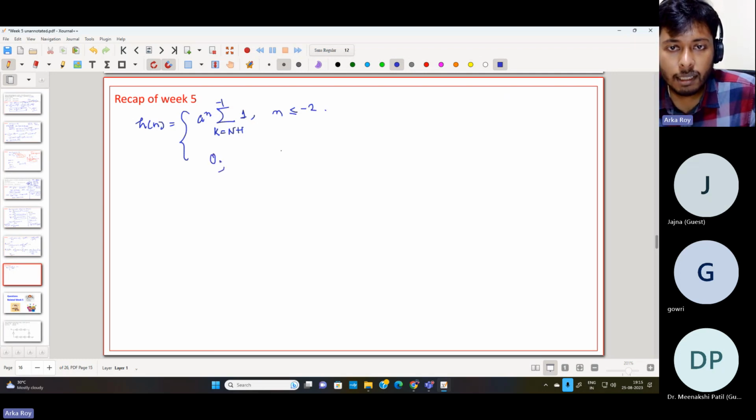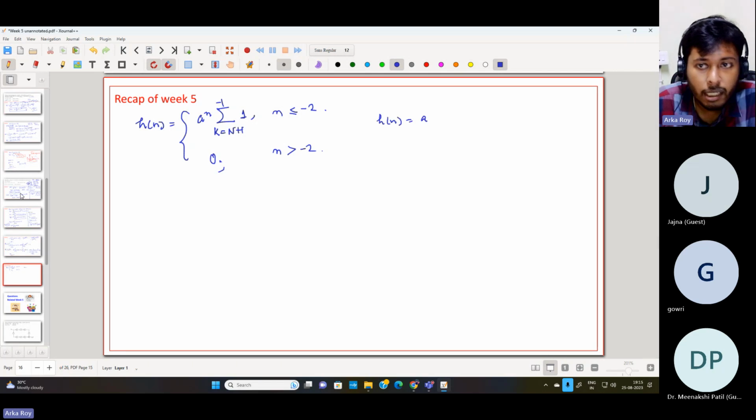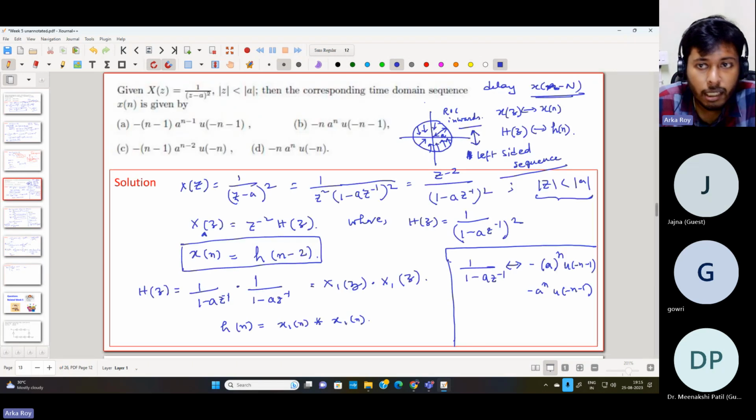And over there, for example, n greater than, we are actually dealing with the left sided signal. That is what we have seen in the initial part.